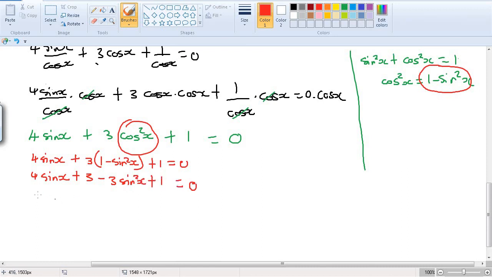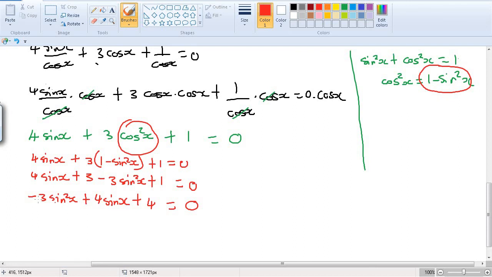Now it's just a matter of rearranging, starting with minus 3 sin squared x plus 4 sin x plus 3 plus 1, that's 4, equal to 0. Now we can see that all the terms are in terms of sin x, and the highest power of sin x is 2. Therefore it's now a quadratic equation, and we can solve it like such.